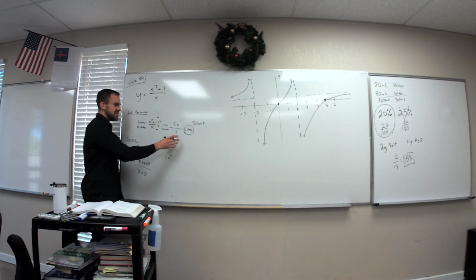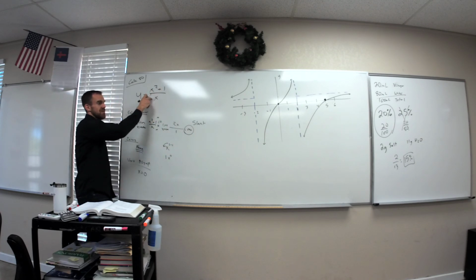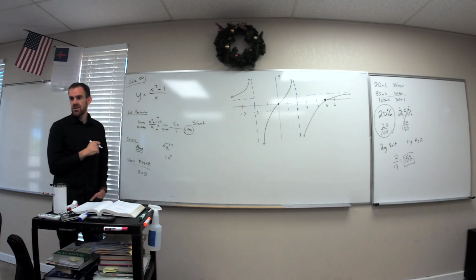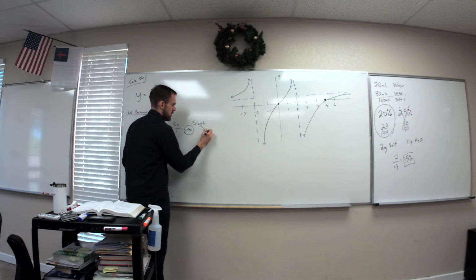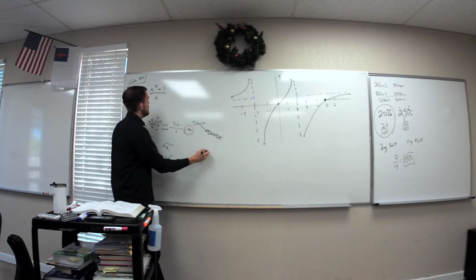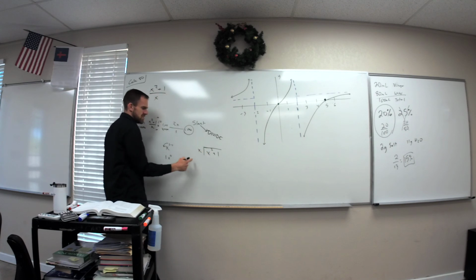What is that slant? Well, the way we find the slant asymptote is we divide these. You must divide. So we're going to do x squared plus 1 over x. This one's easy, so you really don't have to do the division.